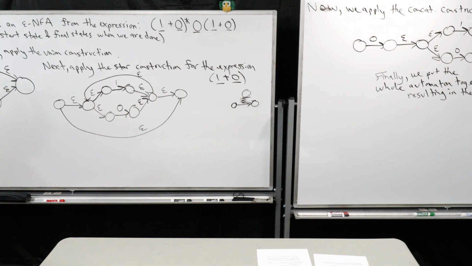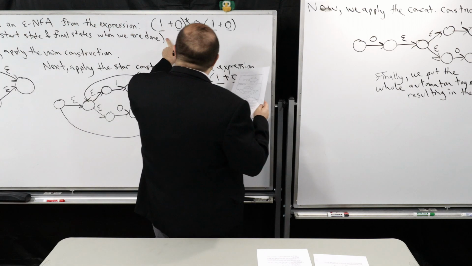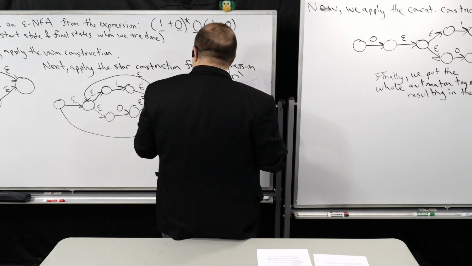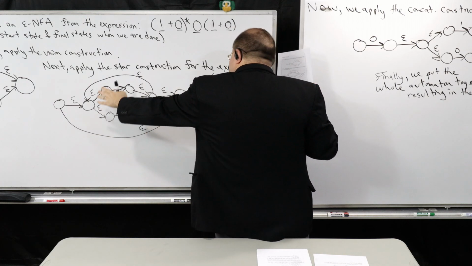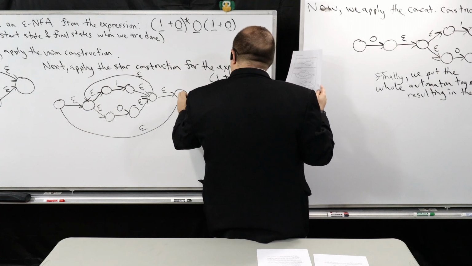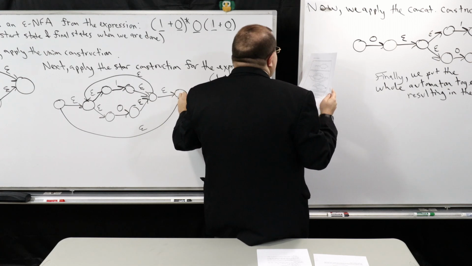So to do the concatenation, let me think. Because I have to do 1, 0 star, 0, then 0, 1. I already have 0, 1, 0 over there. So all I'm going to do is, because remember, this is R, connect it to S by taking the final state of the original here.